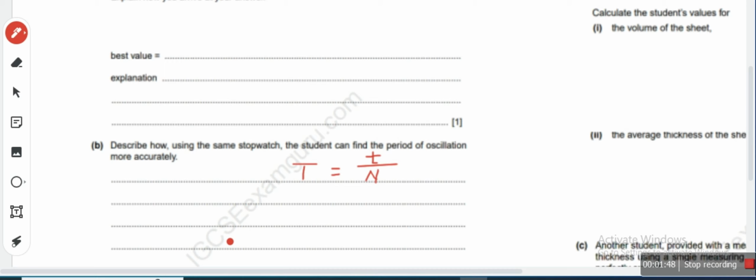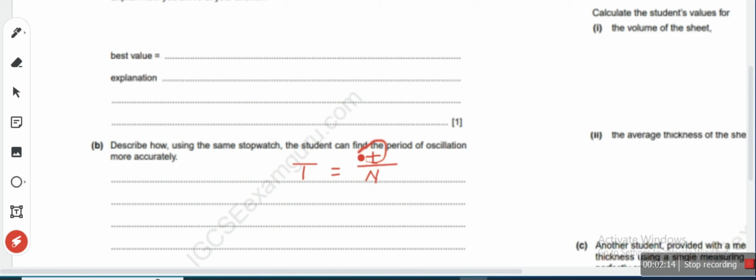For instance, assuming we measured 30 seconds for 20 oscillations, the period will be 30 over 20. N stands for the number of oscillations.